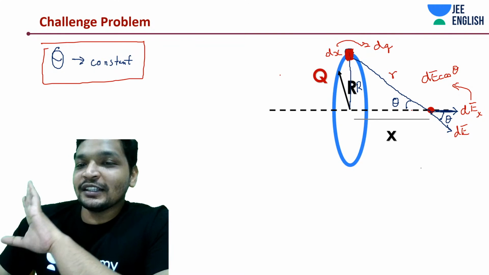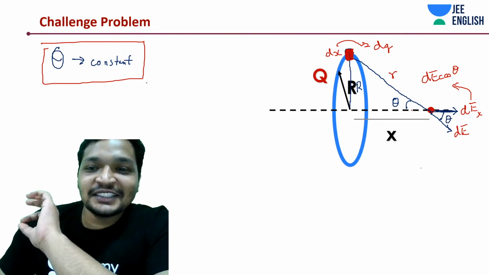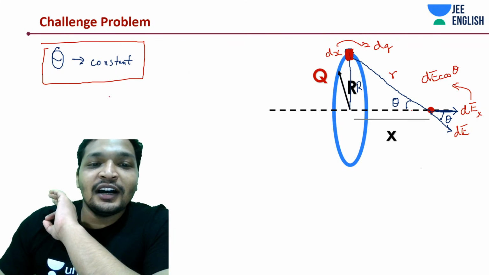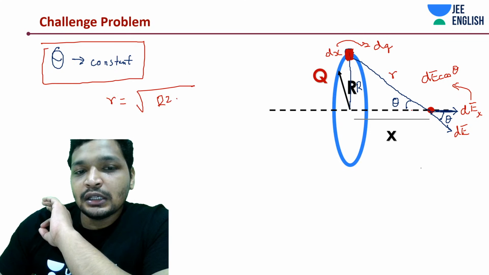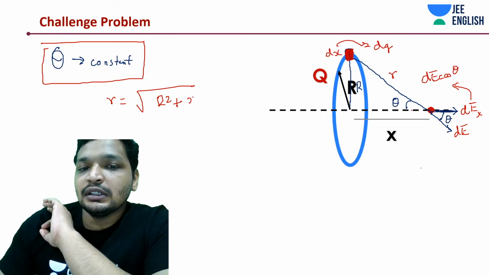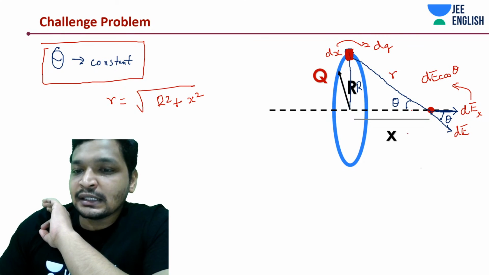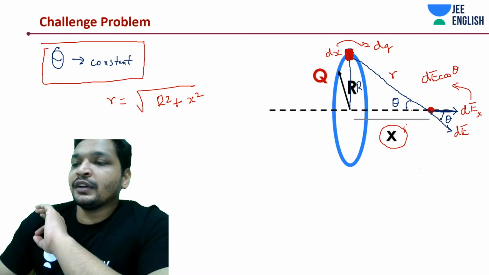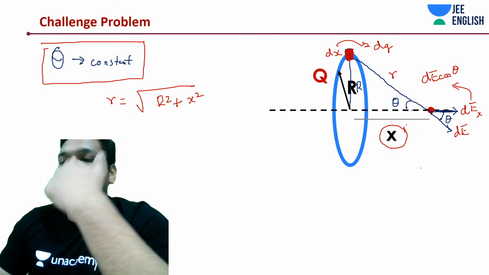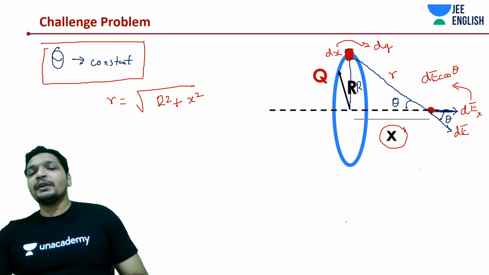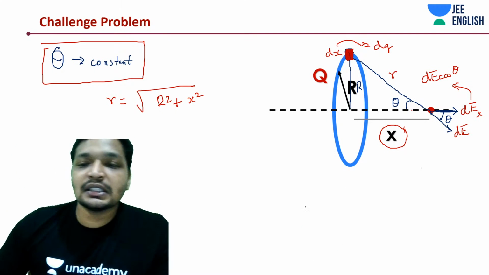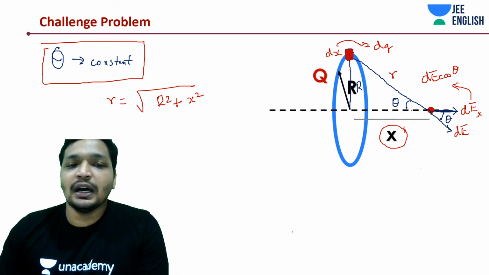I'm not even going to do anything with it. If you notice, it's a very simple problem. Trust me, guys. r is equal to the square root of r squared plus x squared. x is a constant. I brought up an x for an intentional reason. I'll tell you why: at the end of this, we'll understand a very important concept. This may not be directly asked, but it can be asked in other ways. I'll tell you how this may be asked in the exam.